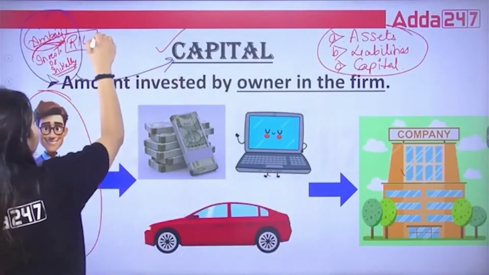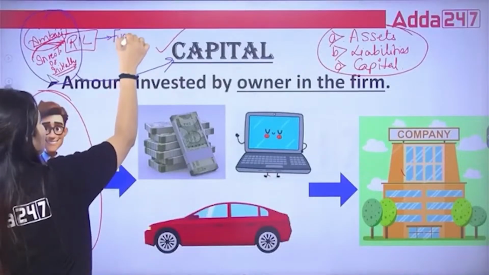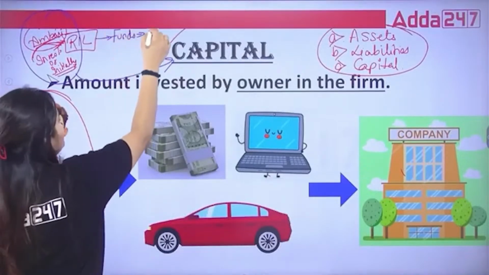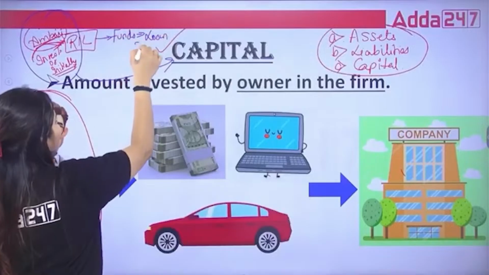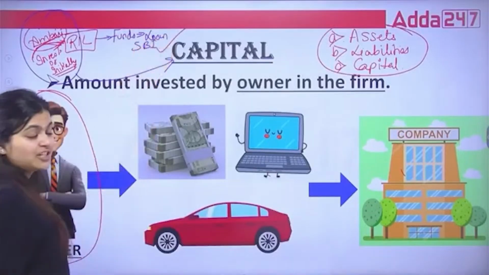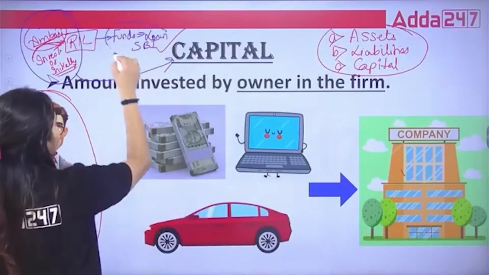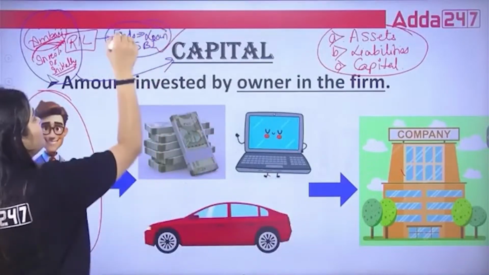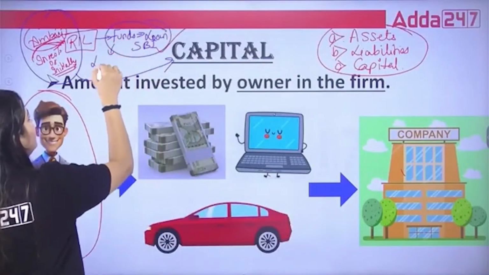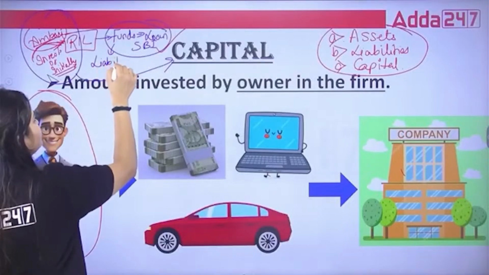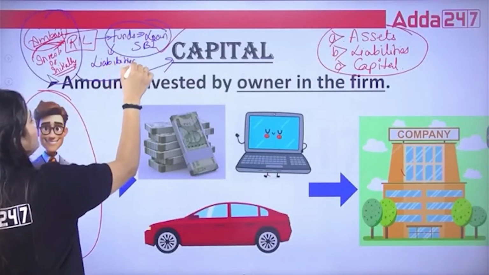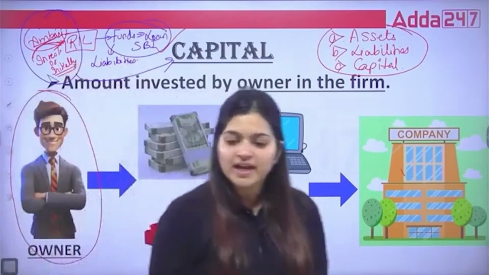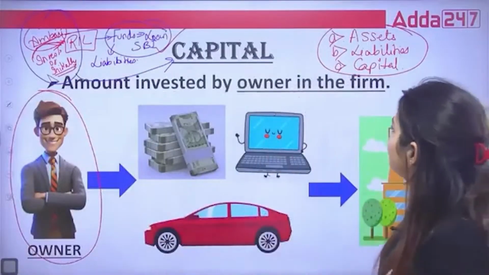But Reliance wants more funds, and if they take a loan from SBI Bank, this is not capital. This is your liabilities. Okay, so under capital we have the owners.